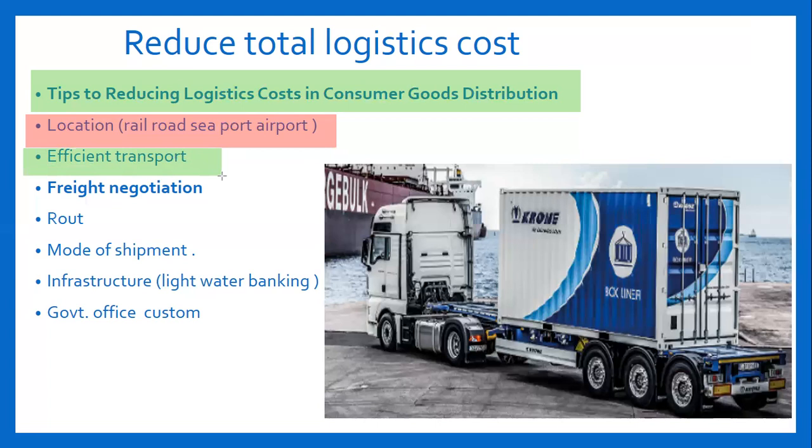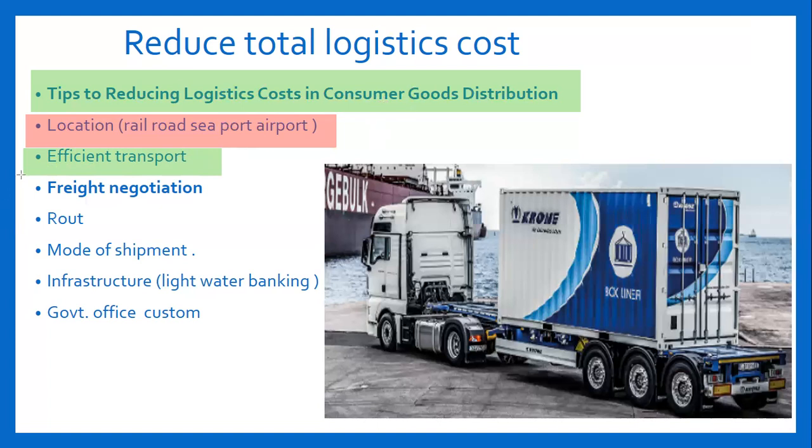So the efficient transporter provides the best service. To choose the best efficient transporter, not only the service level but also the cost level and the time level need to be considered. So you need to understand that efficient transport will help in reducing the cost.